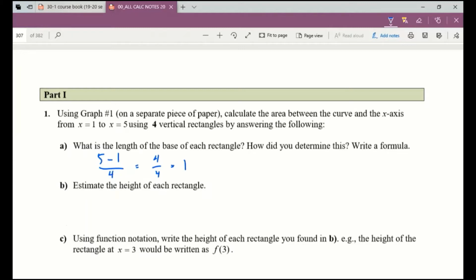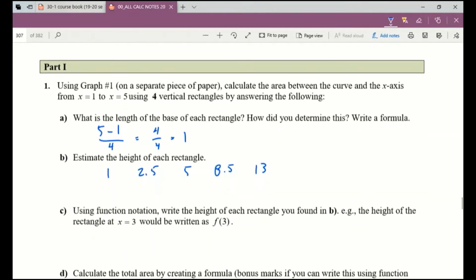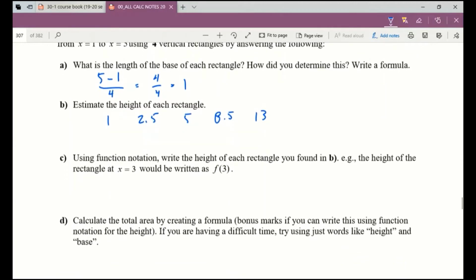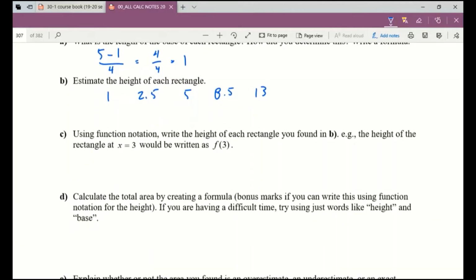If we estimate the height of those rectangles, we said the first one was 1, the next one was 2.5, our following one was 5, the next one was 8.5, and our last one was 13. Those were the heights of each of the lines at 1, 2, 3, 4, and 5, respectively.